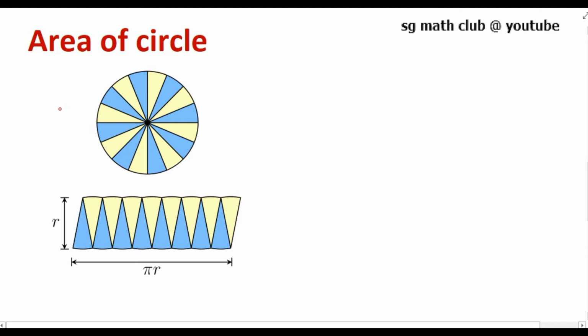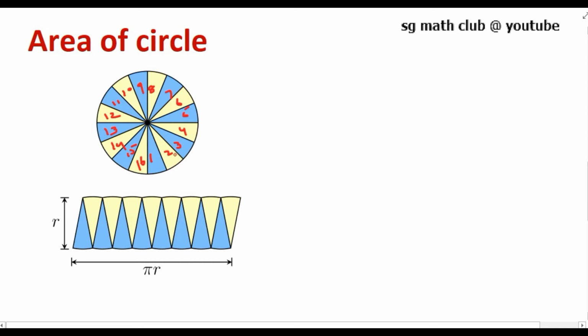In your smaller classes you might have done this activity. Draw a circle and divide the circle into a number of sectors like this. We can number them 1, 2, 3, up to 15, 16 sectors.